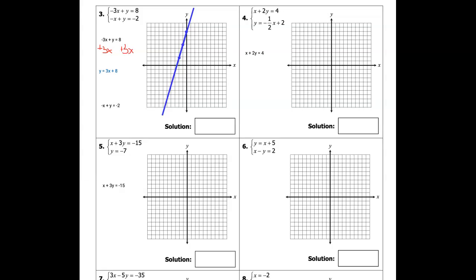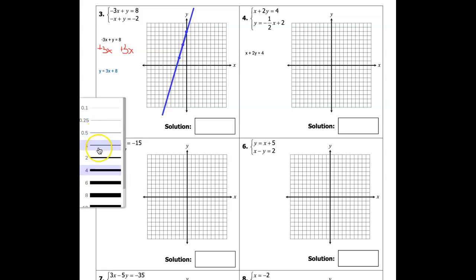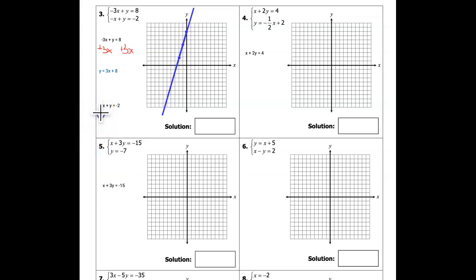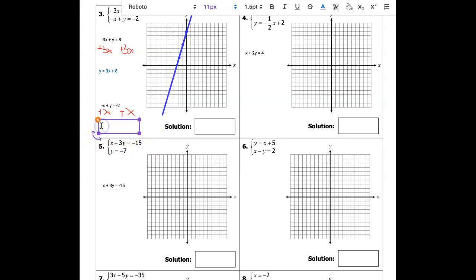We're going to do the same thing with the second equation, so I need to get rid of that minus x. We're going to do that by adding x to both sides. And then again, our equation is rewritten and it's ready to go. We have y equals x minus 2.